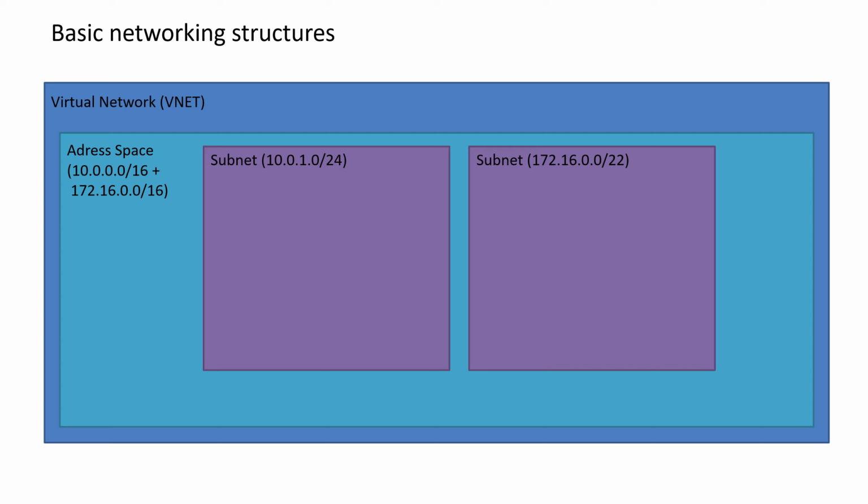I've noted that in CIDR notation here, and these subnet networks need to be part of the address space. It could be either a whole network from the address space, or it could be a part of it. So in my two examples here, I've created two subnets, and both of them are just a portion of the networks I gave in the address space.